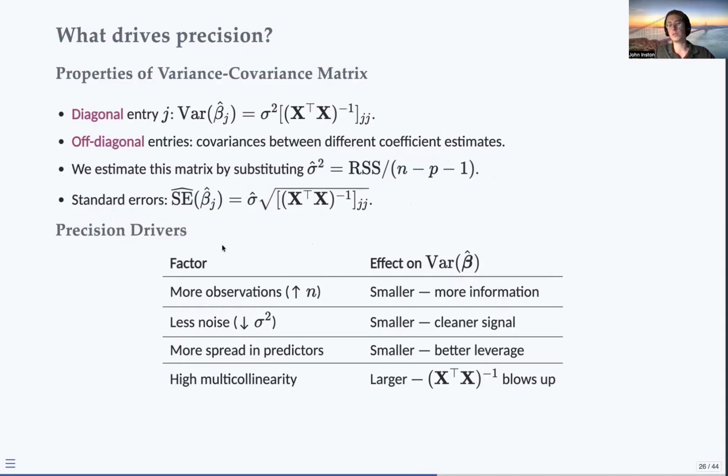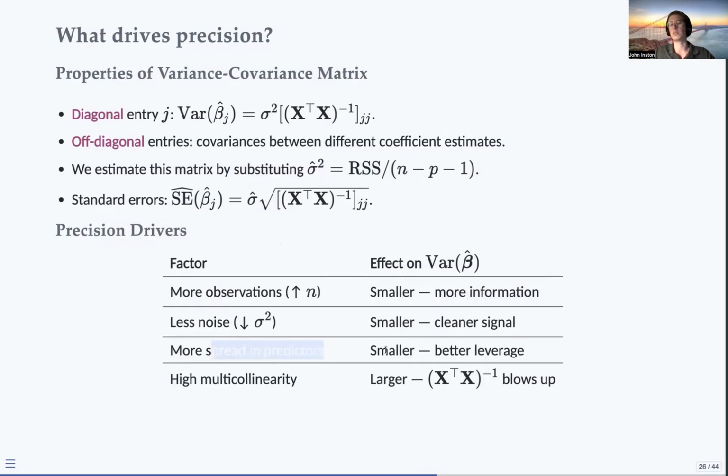Some precision drivers to think about is that if we increase the number of observations, this n goes up, the variance decreases because we've got more information that's coming from this term here, this n being on the denominator here. So as n increases, this is shrinking. If you decrease the noise, obviously we don't need to have this substitution, but if this is going down, so is the variance.